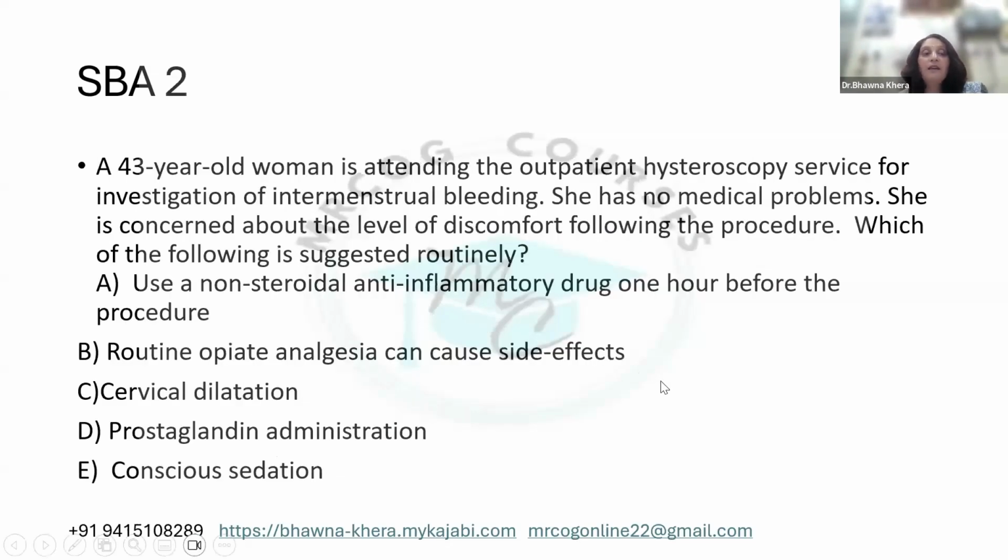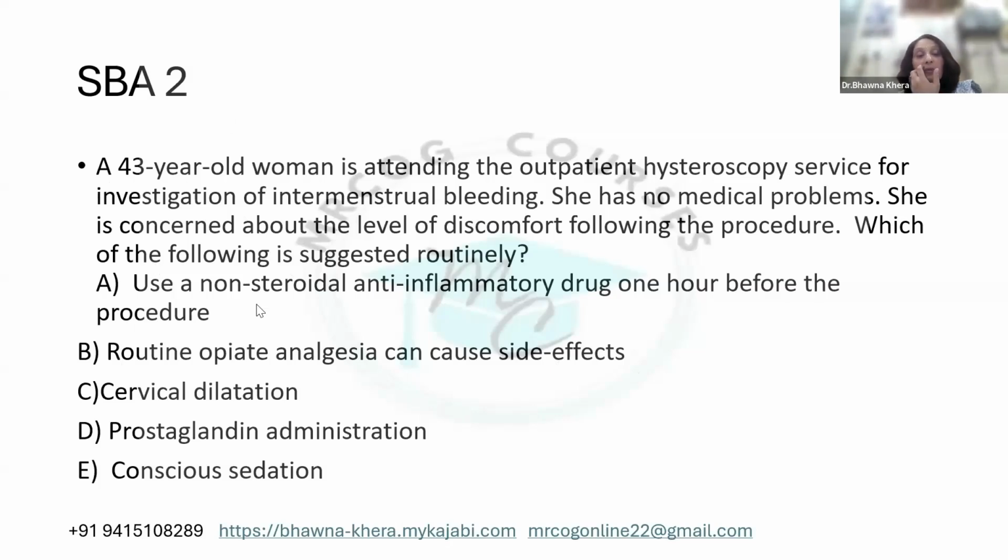Absolutely. Now, a 43-year-old woman is attending the outpatient hysteroscopy service for investigation of intermenstrual bleeding. She has no medical problems and she is concerned about the level of discomfort following the procedure. Which of the following is suggested routinely?